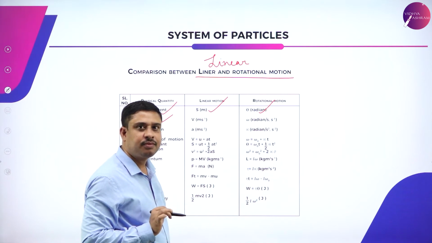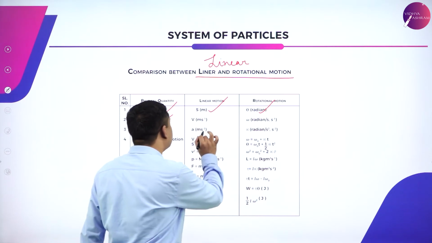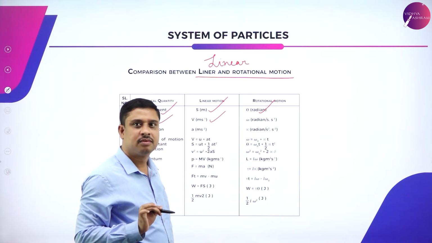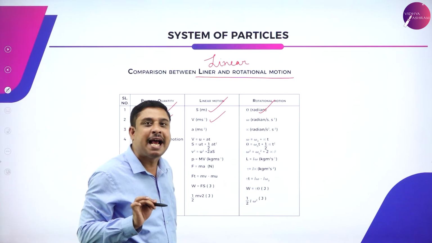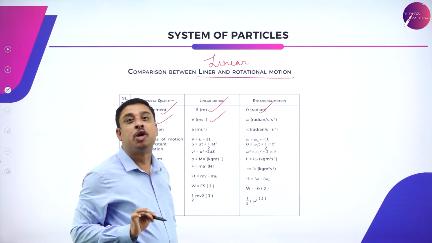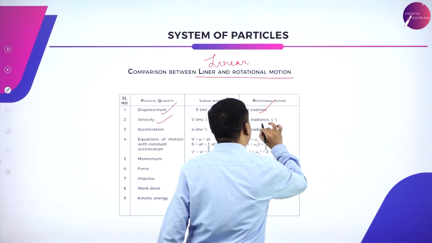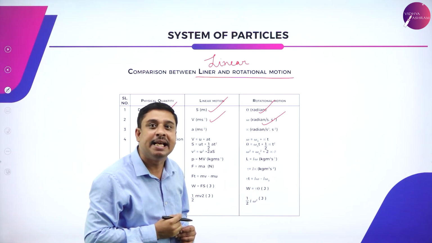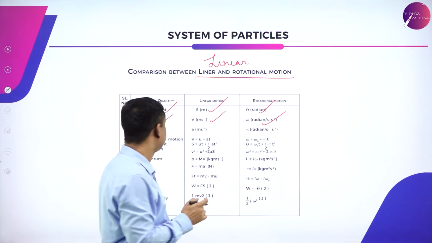Velocity in linear motion, meter per second. It is denoted as omega in rotational motion, where the SI unit is radian per second.